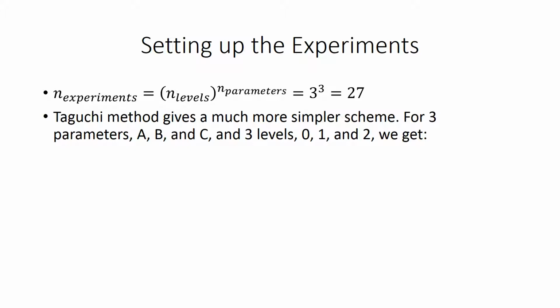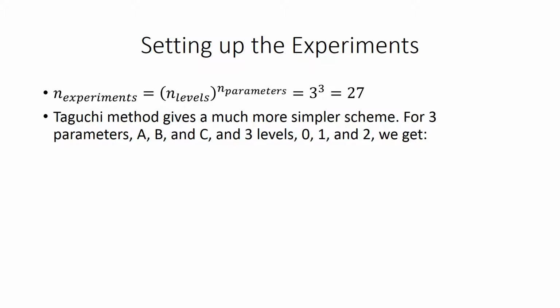Now that we have determined that we're going to have 3 parameters and 3 levels of each of those parameters, if we wanted to look at every possible combination, the total number of experiments would equal the number of levels raised to the number of parameters. In our case, 3 cubed would mean 27 different experiments.